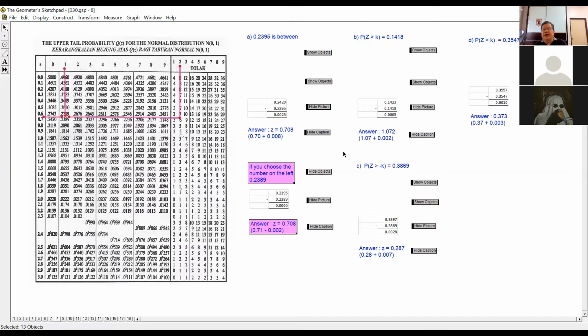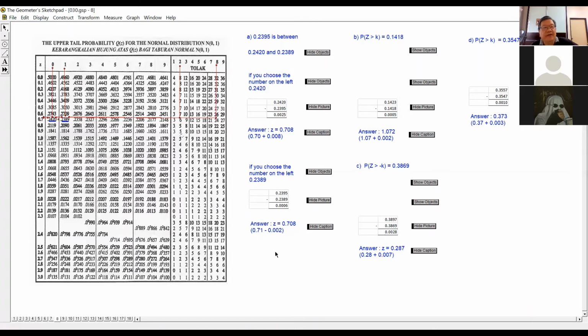Any questions so far? Yeah. No, teacher. No question. Now, if you have no question, then I ask you, which number do you prefer to choose? The number behind or the number in front?